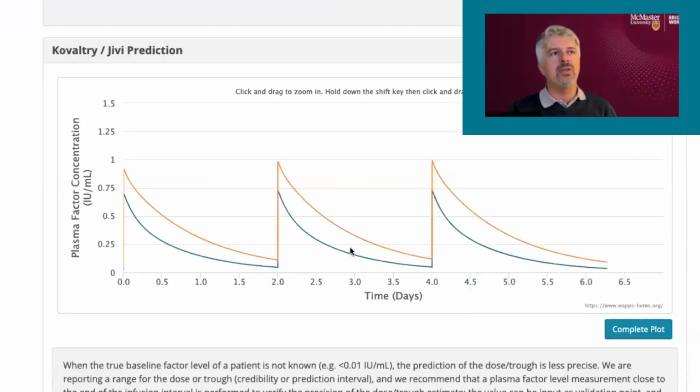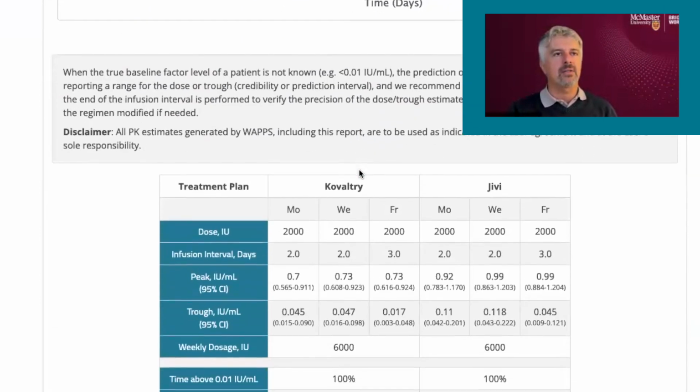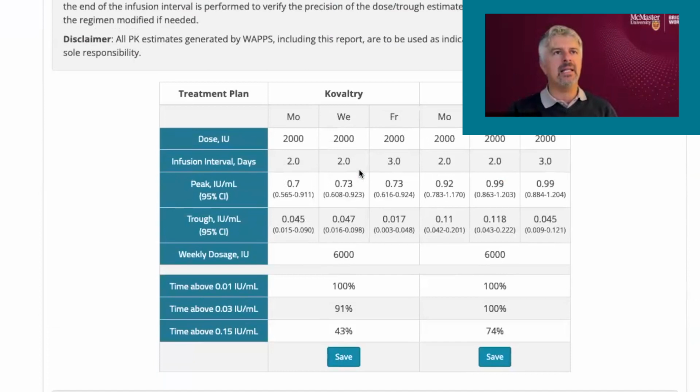When I discuss with patients, I usually prefer this graph. It's simpler to understand. There's also a table down here that tells me, for example, the peaks for Kovaltry are around 0.7 on the Monday after the long interval, 0.73 for the other two.